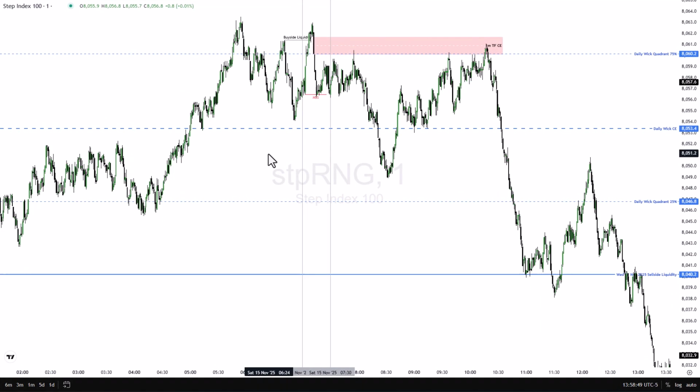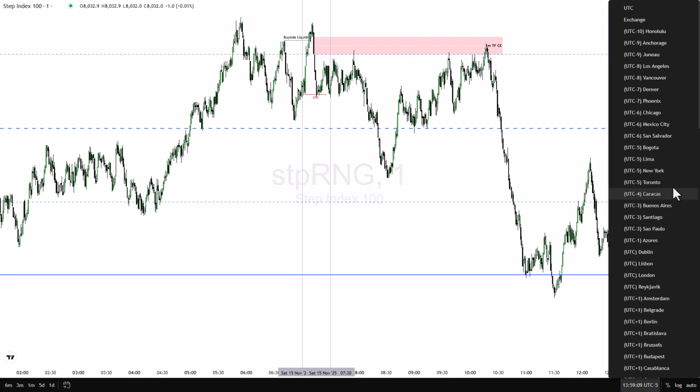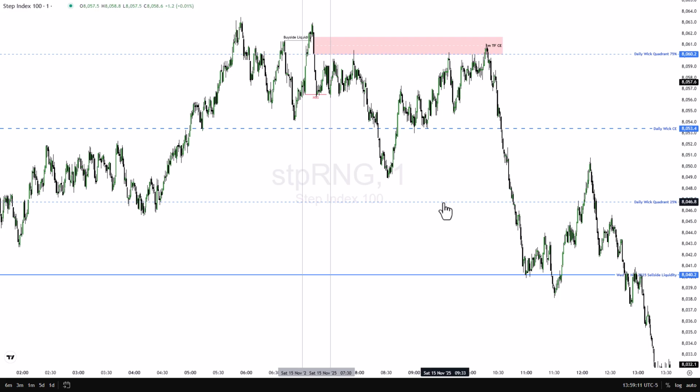STEP index on a 1-minute time frame. Let us travel back to the 15th of November. This is the New York opening range, 7 o'clock to 7:30. You need to switch your time zone to New York, good people.